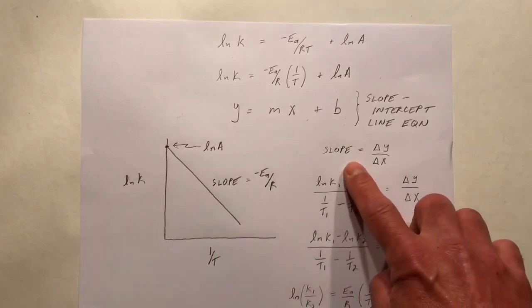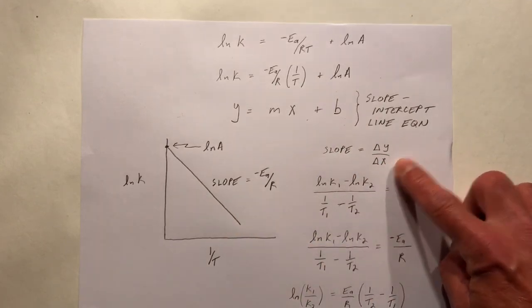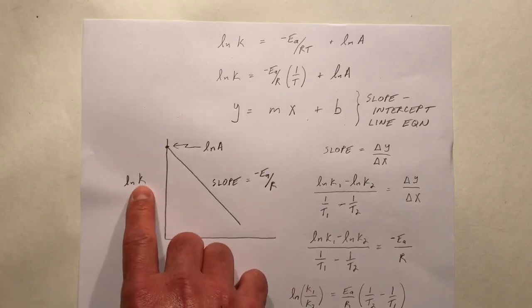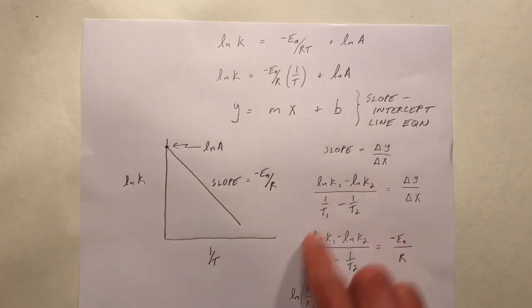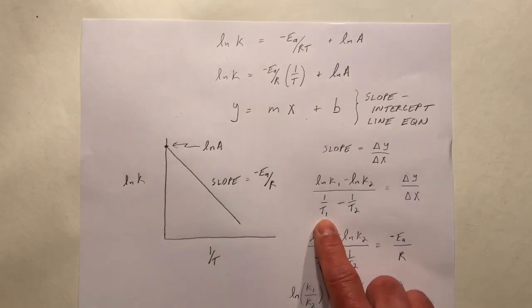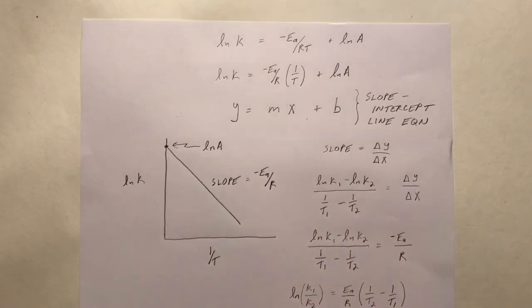Now remember, the slope of any graph is the change in y divided by the change in x. So the change in y could be the natural log of k1 minus the natural log of k2. And the change in x could be the inverse of T1 minus the inverse of T2.